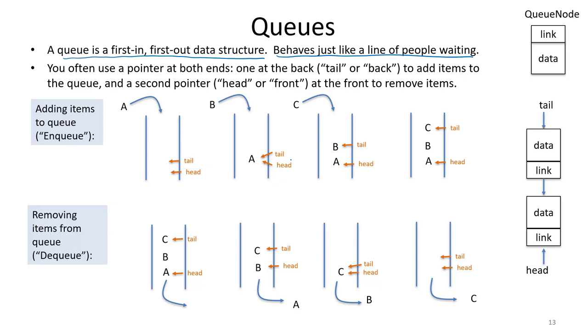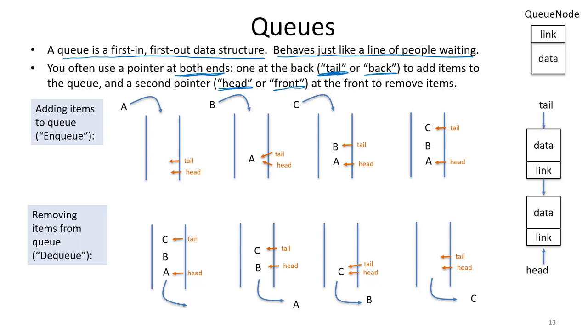Typically in a queue data structure, you generally need a pointer that points to the front of the queue, but you may also want to have a queue where you have a pointer at both ends. Sometimes you will make a queue that has both a tail pointer that points to the back, where we add items, and a second pointer named the head or front, where the items are removed.